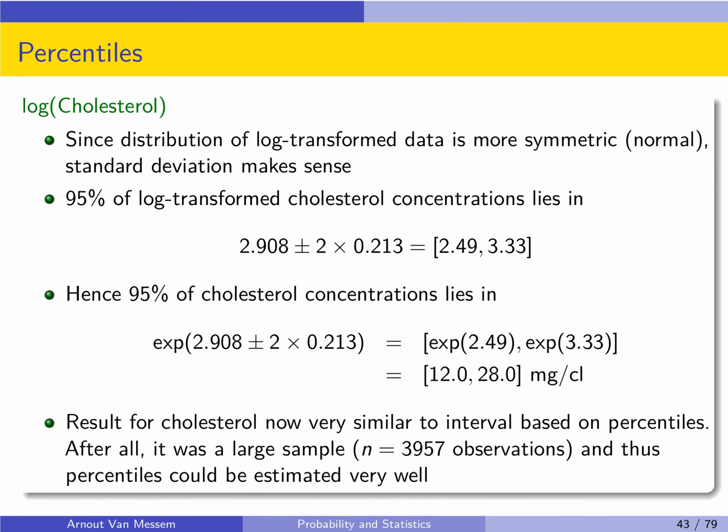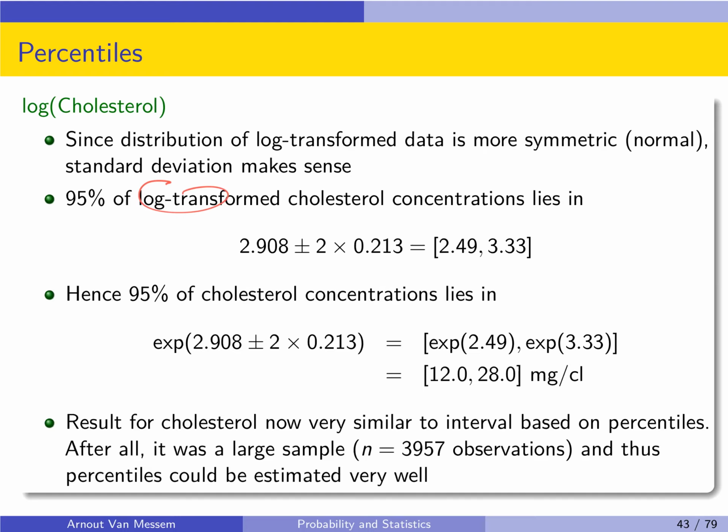Let's then move back to the cholesterol example. We saw that the cholesterol data are right skewed, and we applied a logarithmic transformation to the data in order to obtain more symmetric, more normally distributed data. So since they are log transformed, they are more symmetric, and in this case a standard deviation makes sense, and we can calculate a reference interval for these log transformed data.